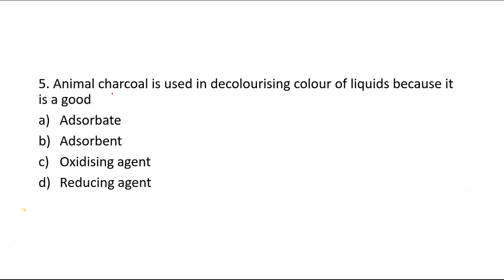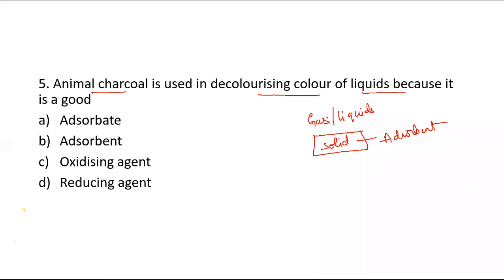Animal charcoal is used in decolorizing color. See, animal charcoal is a solid substance. Liquid is an adsorbate. This is a solid, so either gas or liquids will be used as adsorbate here. Therefore this is an adsorbent. Solids will always be an adsorbent and this is the adsorbate.